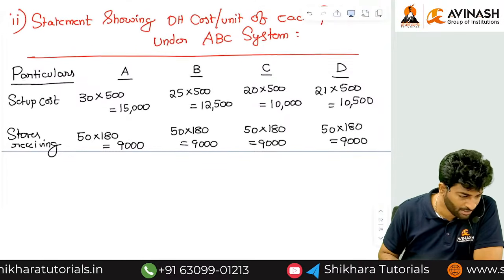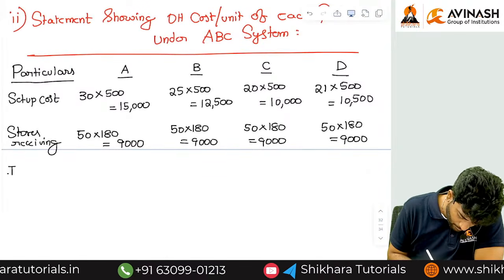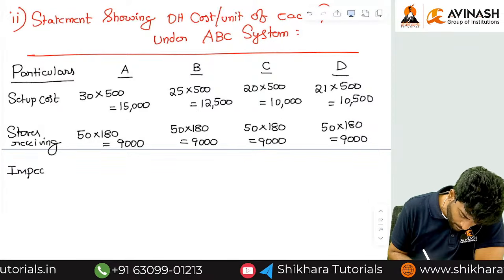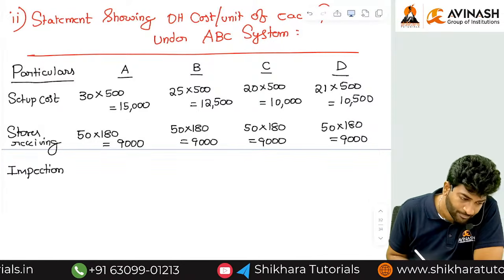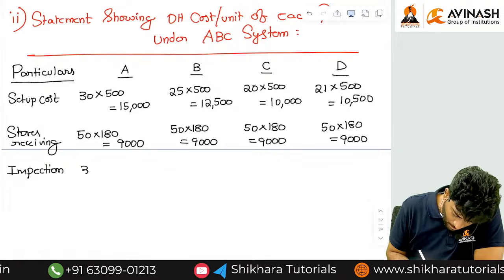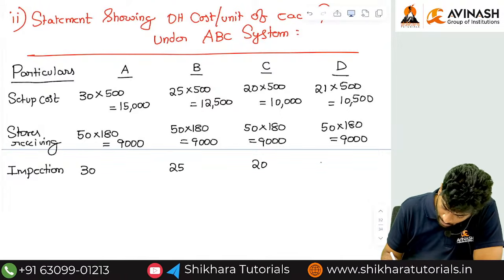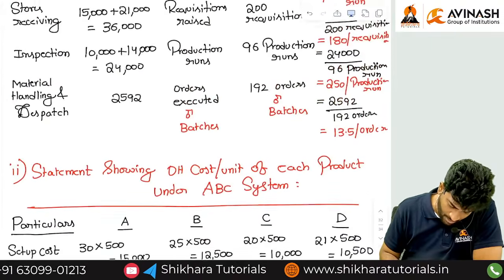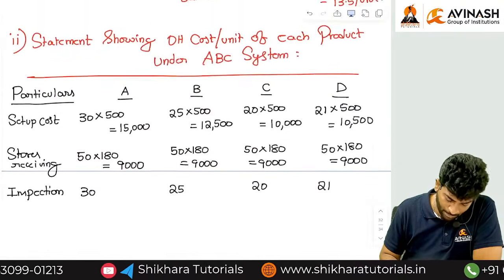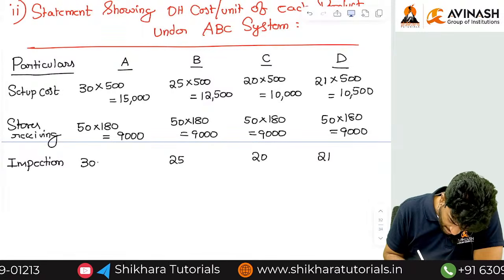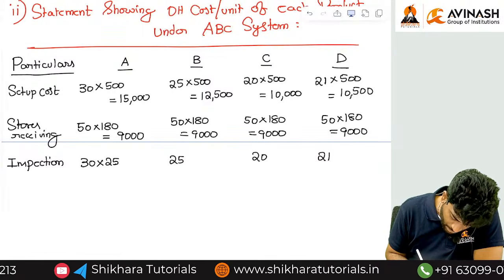After stores receiving, next one is based on production runs. So 30 production runs, 25, 20, 21. For inspection, 250 per production run, right? I think exactly you are going to get half of the first row.